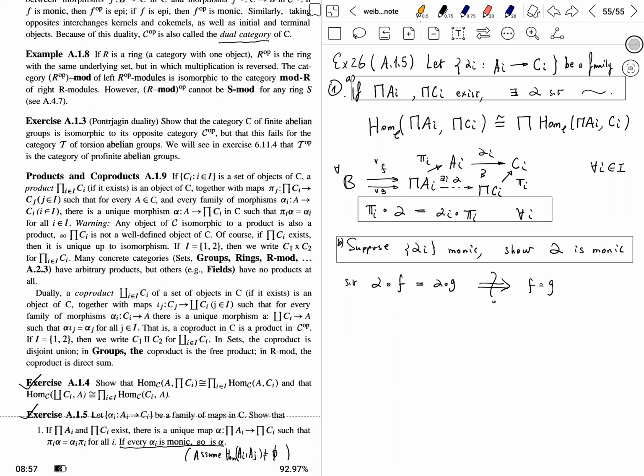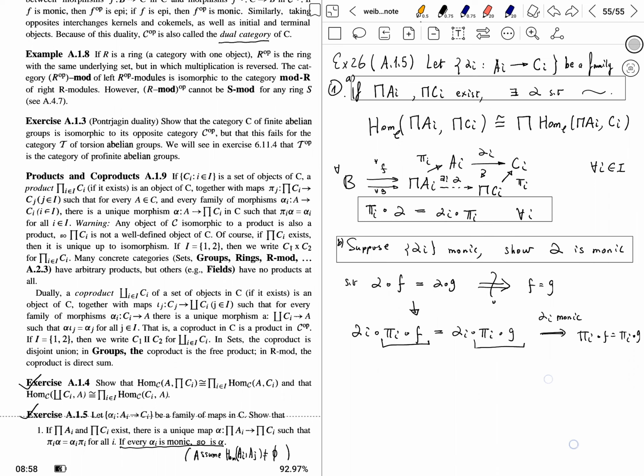Obviously this implies alpha_i pi_i f equals alpha_i pi_i g, and the fact that alpha_i is monic implies pi_i composed with f equals pi_i composed with g.